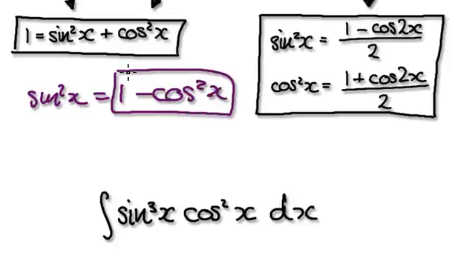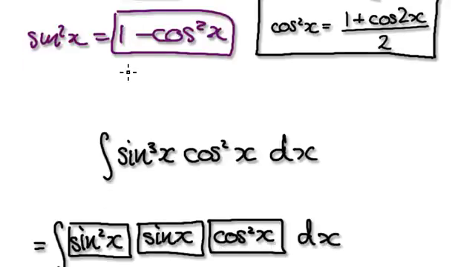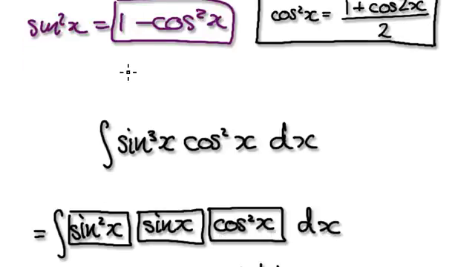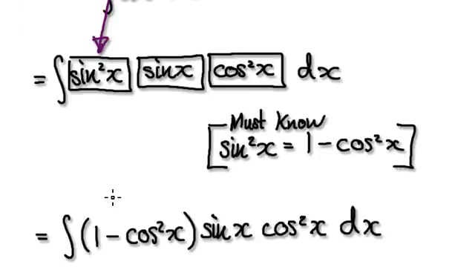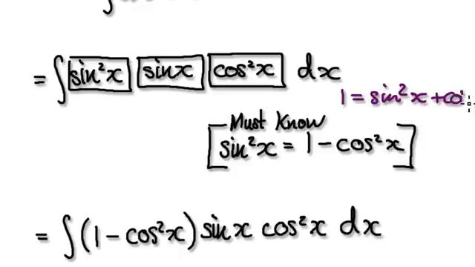So now we can put this into here, sine squared, and that will then give us this. So basically, this thing here you should know. Start with 1 equals sine squared of x plus cos squared of x, and then rearrange it.